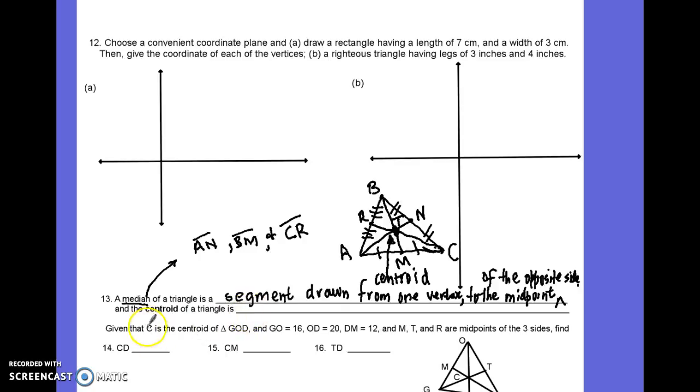We're going to get to that. But anyway, before we do that, let me get back to the centroid. What is that? The centroid is the point of intersection of the three medians.